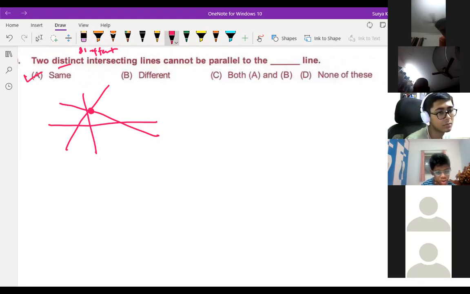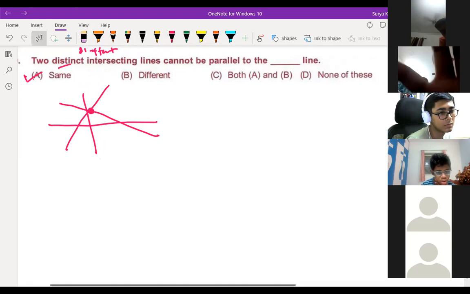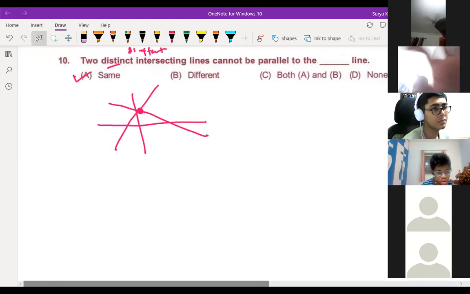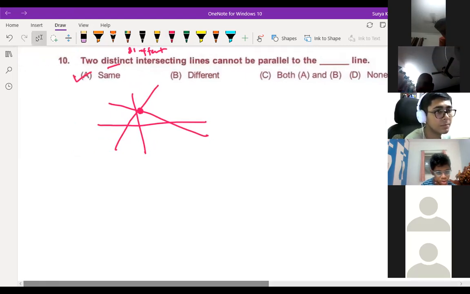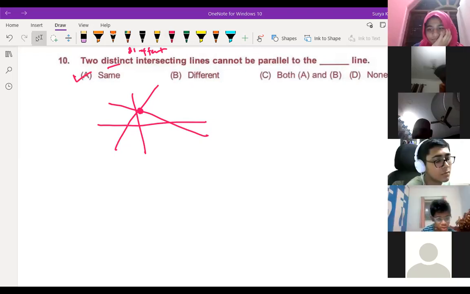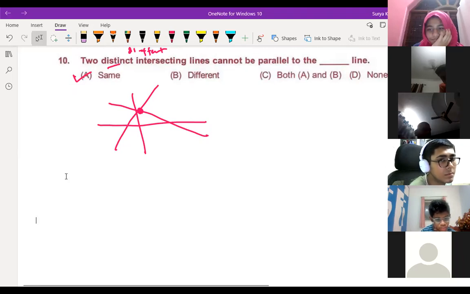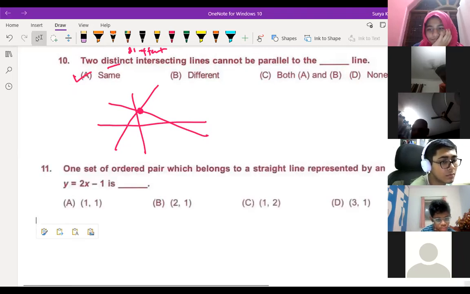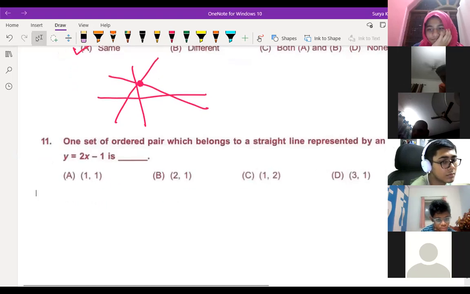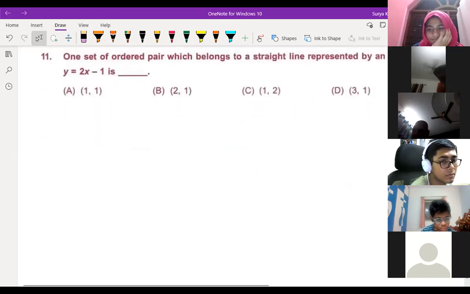So next one is question number 11. One set of ordered pairs which belongs to a straight line represented by an equation y is equals to x.